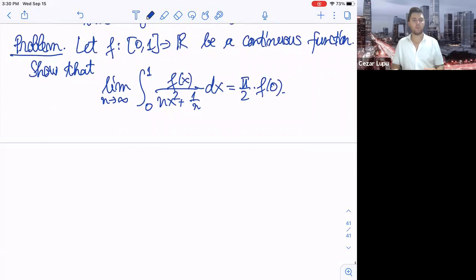Again, as you can see, I have the limit of the integral, so the ideal scenario for me would be to apply the dominated convergence theorem to this integral. So basically, we would like to swap the limit with the integral. But we should be careful a bit here.